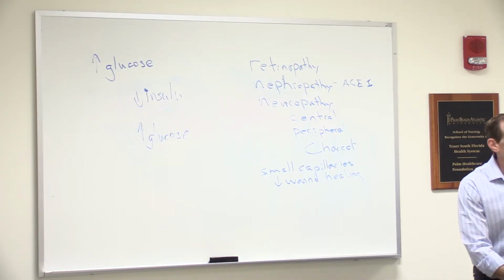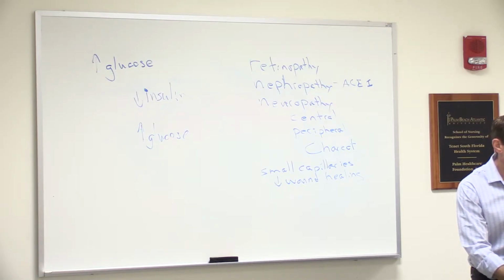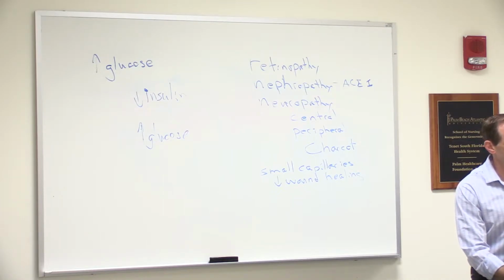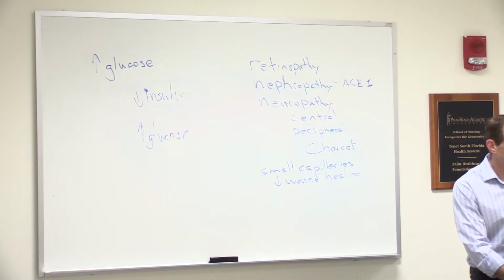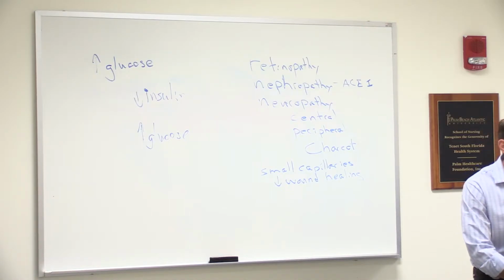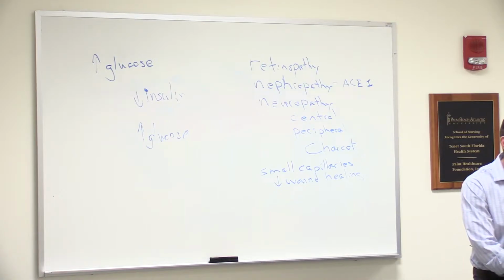The central neuropathy is neuropathy of larger nerves, and that can sometimes be your vagus nerve, for example, which in turn is what causes peristalsis. So a patient who's got neuropathy of their vagus nerve might end up having an elevated heart rate because they can't control their heart as well, and they could also have constipation and gastroparesis because they don't have adequate peristalsis.